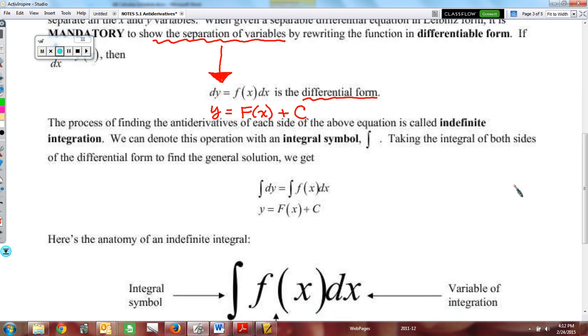All right, the process of finding the antiderivative of each side is what we call indefinite integration. And we want to have a symbol for that. So not only do we want to be able to separate it, here's our separation step, f of x dx. I don't want to have to say "the antiderivative of" every time, so we gave it a symbol. It's a little kind of S notation. It's really a summation notation, and you'll start to see why the integral symbol and summation are related. This is actually a capital sigma.